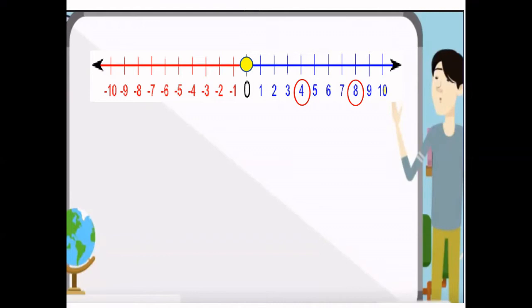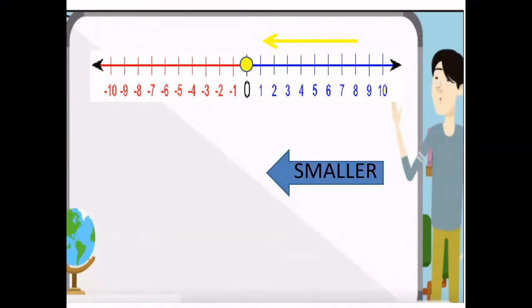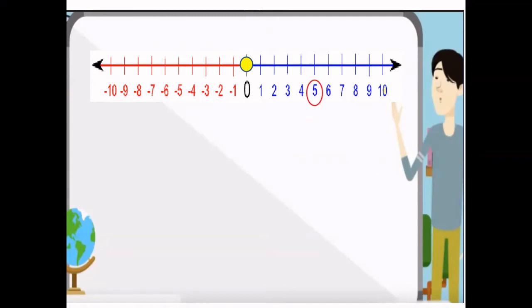As I have said, when you go onto your right, the number gets bigger and bigger. On the other hand, when you go through your left, the number gets smaller and smaller. 5 is smaller than 10 because it is on the left side of 10.